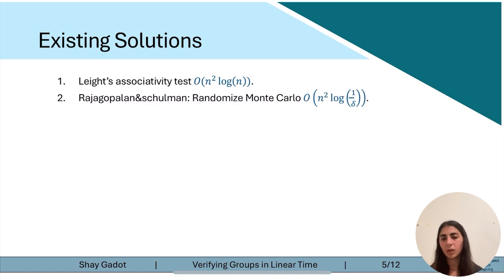For example, if we want our error to be smaller than delta, we need to be wrong over a set smaller than n delta. So we want our generators, which we go over, to span more than 1 minus delta n of the elements of G. This way we get an error smaller than delta. And the time complexity is actually n squared log 1 divided by delta.